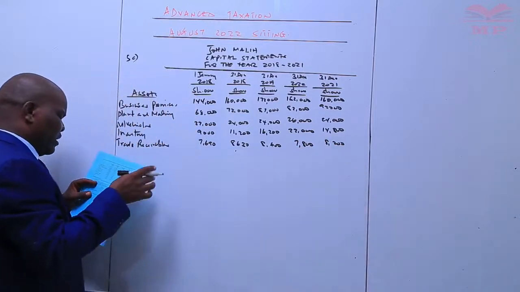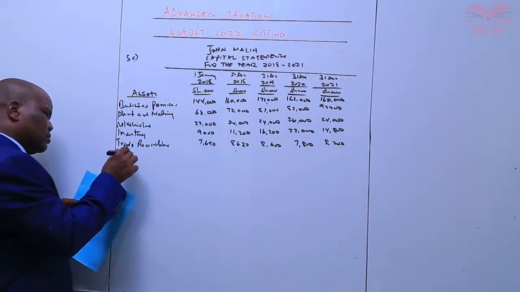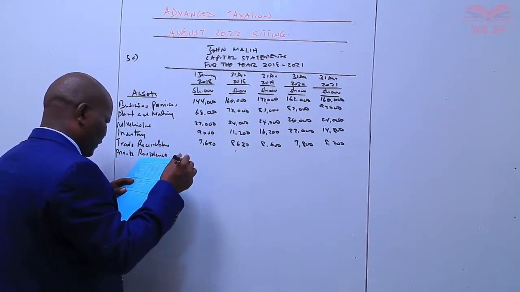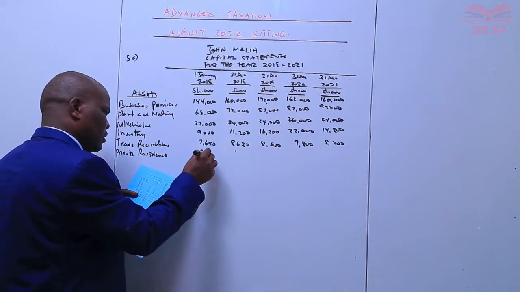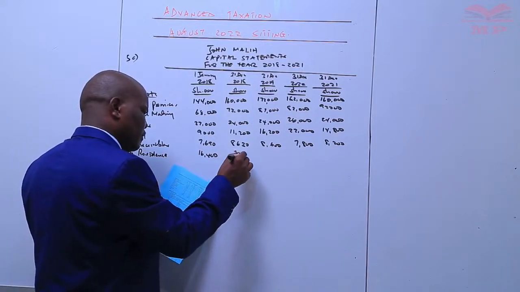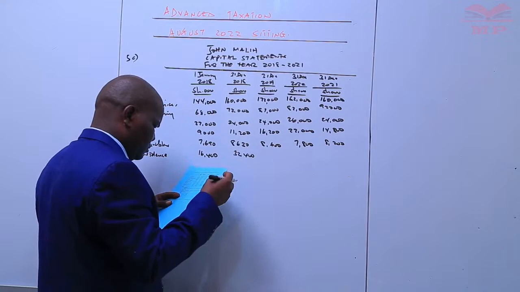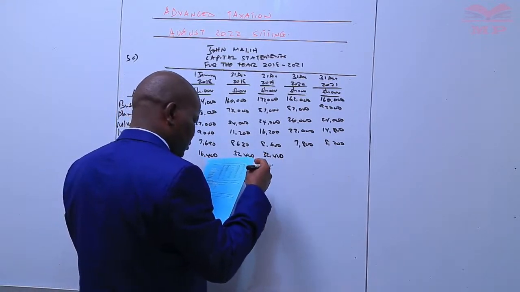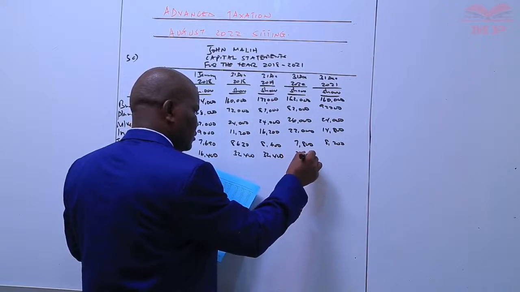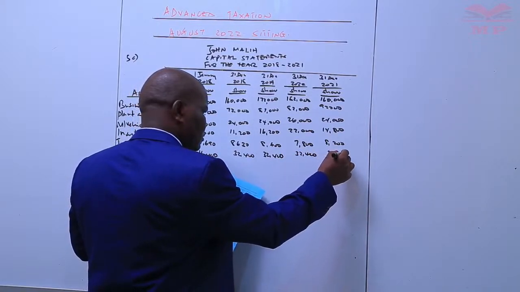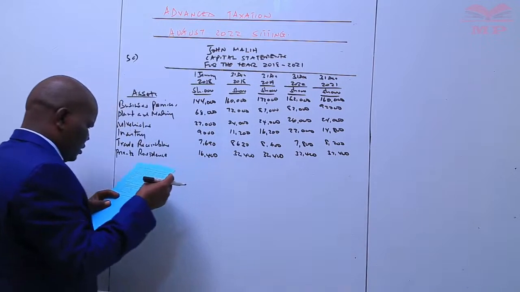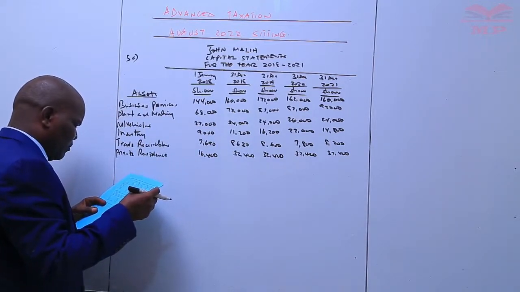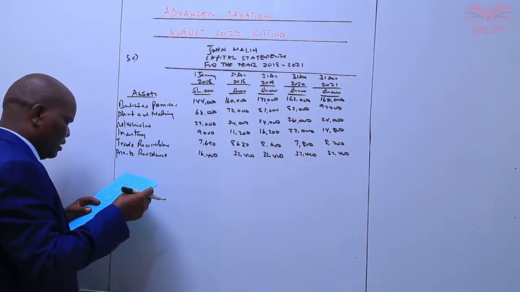Next we have private residence, an asset. We have 16,400, 32,400, 32,400 again through. Trade payables are liabilities, bank loan liability, loan from a friend liability, mortgage loan liability.